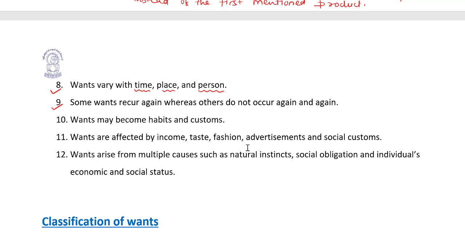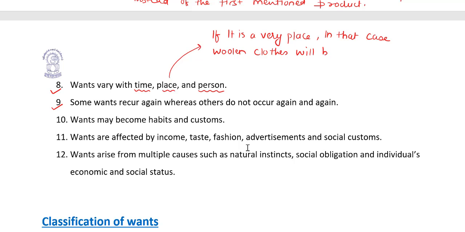So wants vary with place. Supposingly, if it is a very cold place, in that case, woolen clothes will be in demand.